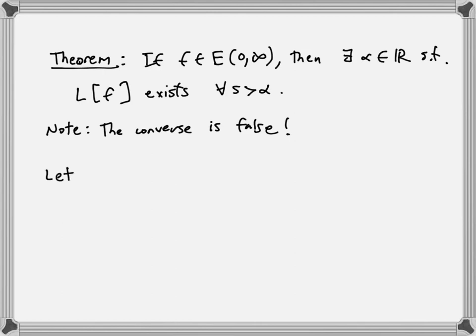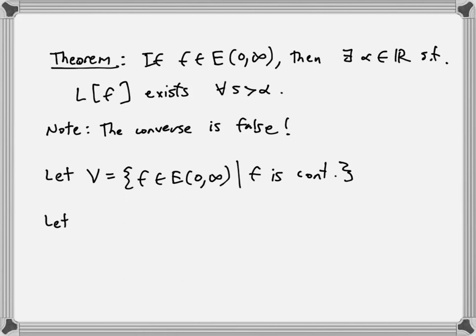So let's let V be the set of all functions of exponential order such that they're actually continuous. Not piecewise continuous, but continuous. And if we look at L, the Laplace transform, as a map, it takes V to some set of functions. So let's go ahead and restrict it to the range of this guy.